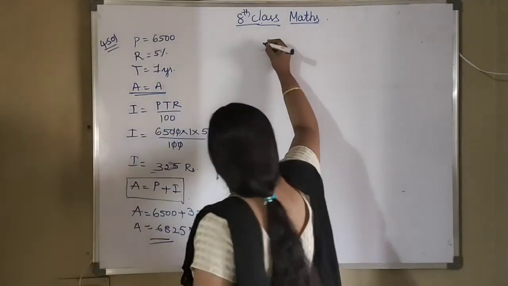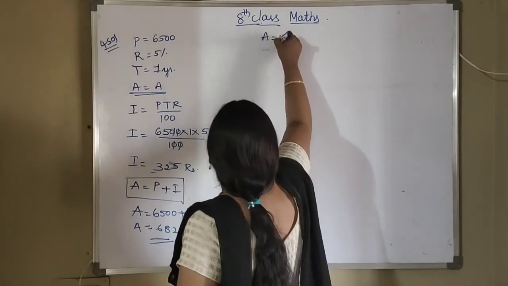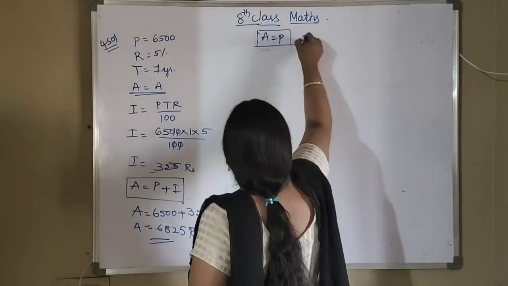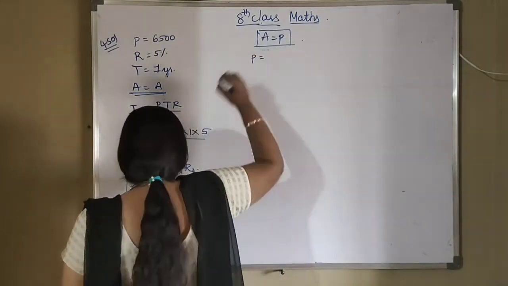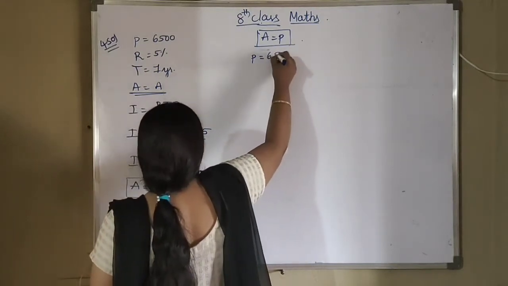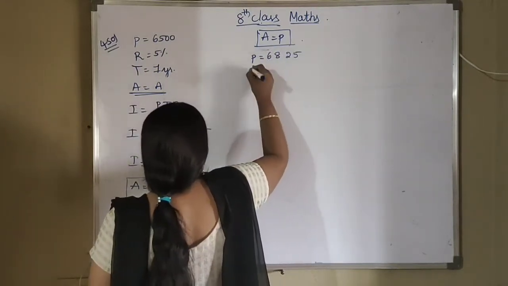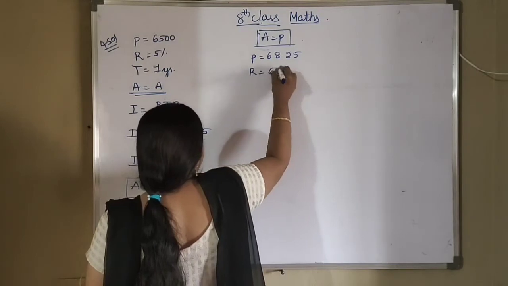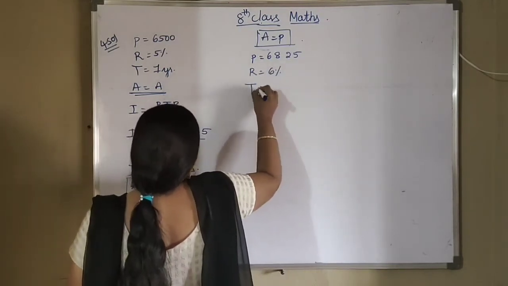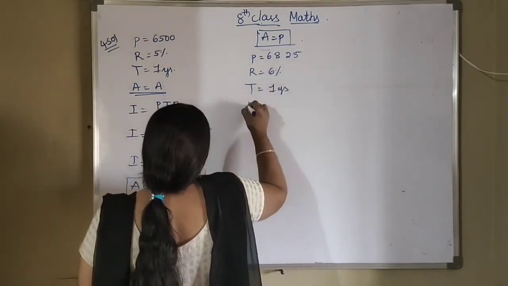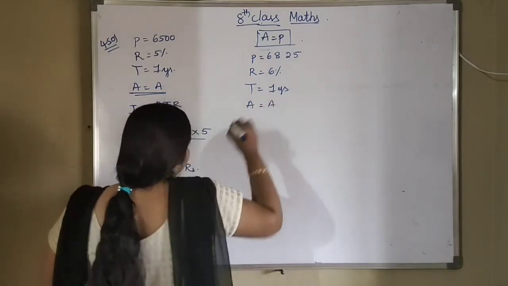So now in the second case, the principal is 6,825, and the rate of interest has been increased to 6%. Time is the same, that is 1 year. We have to find the amount value.